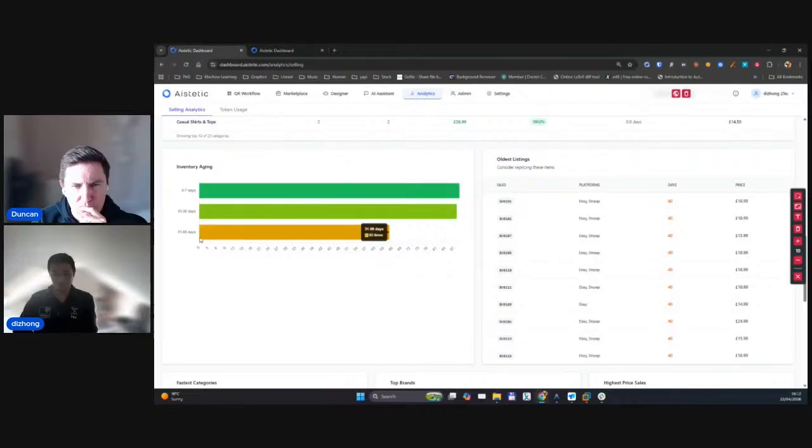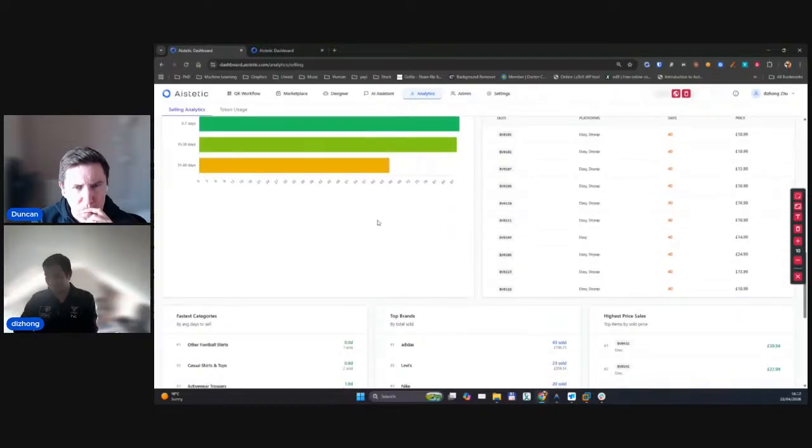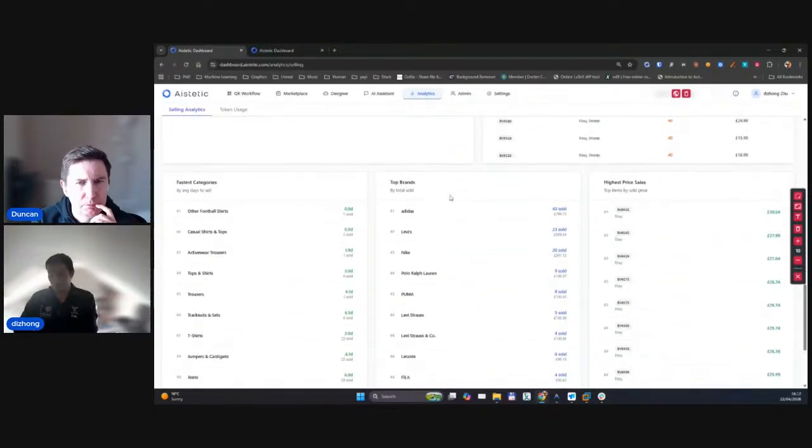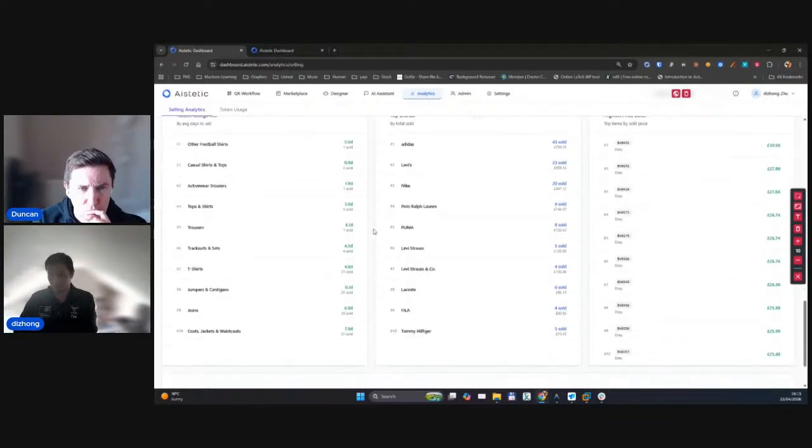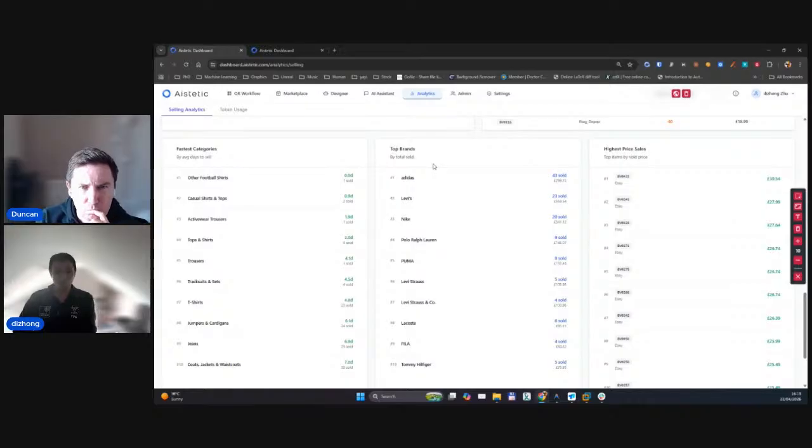If you have items older than 60 days, you probably need to make some changes. So we show you what the next things are to help you make decisions. You can check all the details, like the top brands being sold, and think about what brands and categories you need to buy to resell. So we break this down for you.